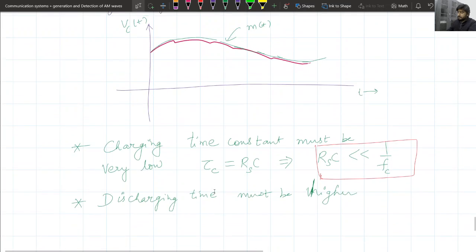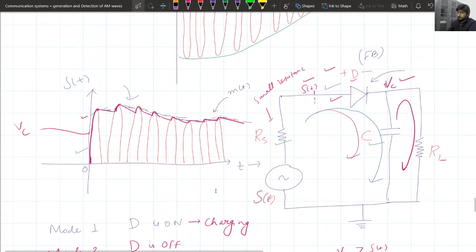Second thing, during the off time, when the diode is in off mode and the discharging is taking place, the discharging must not be very fast, otherwise it will discharge quickly. It should discharge very slowly, so as to trace the envelope very well.